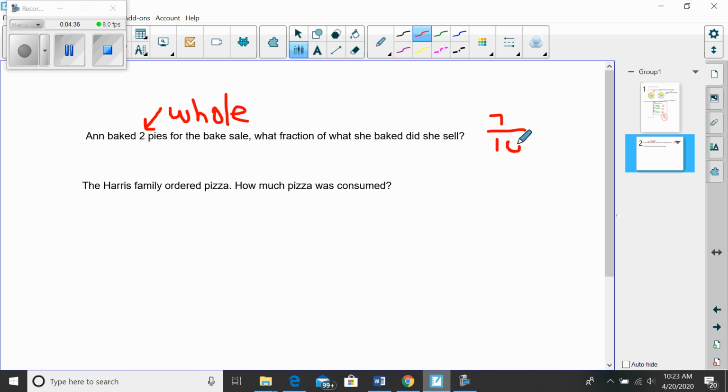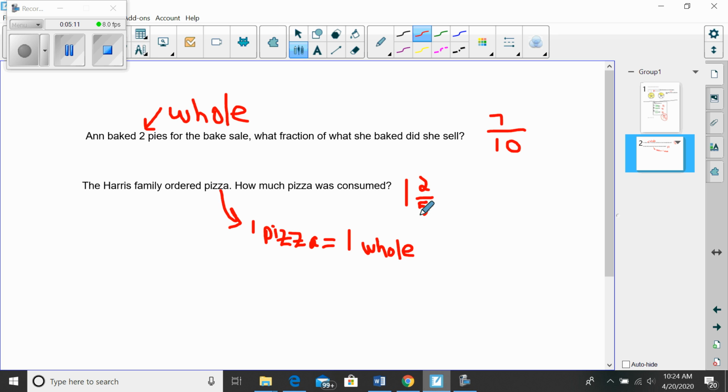But if I said, the Harris family ordered some pizza, how much pizza was consumed? It would be assumed in this case that 1 pizza equals 1 whole. If I make that assumption, or if I have that understanding, then the correct answer is 1 2/5.